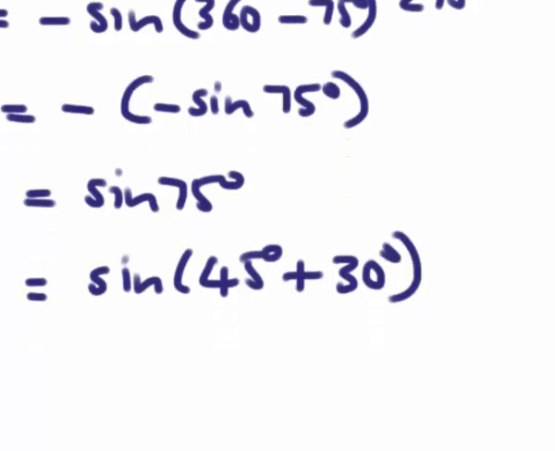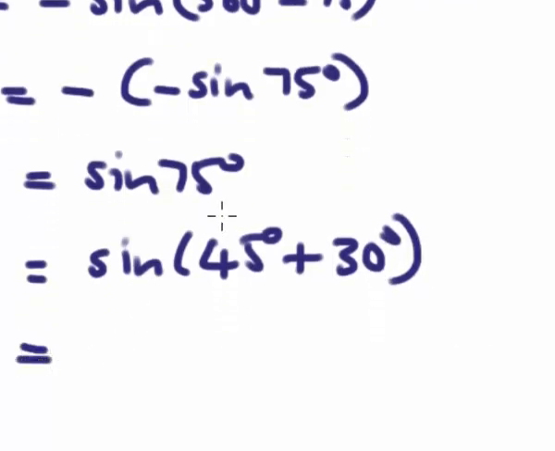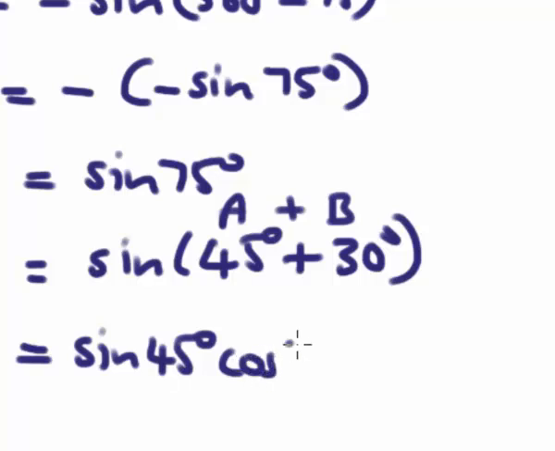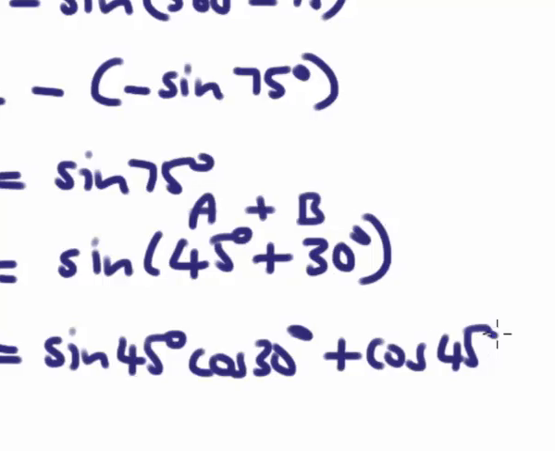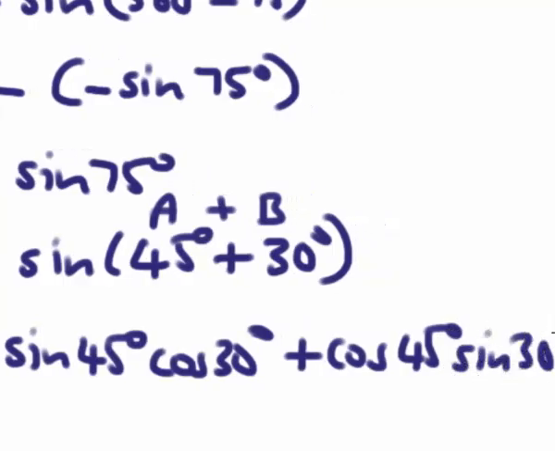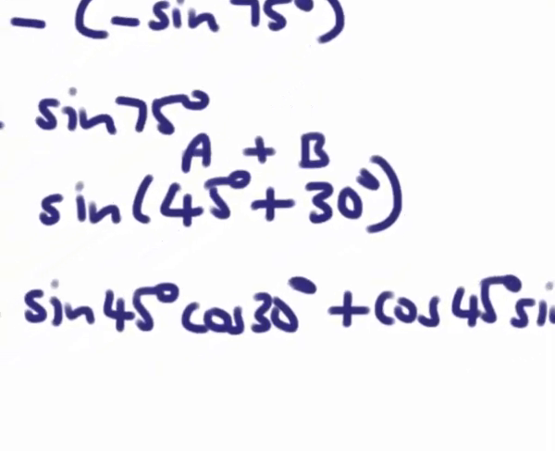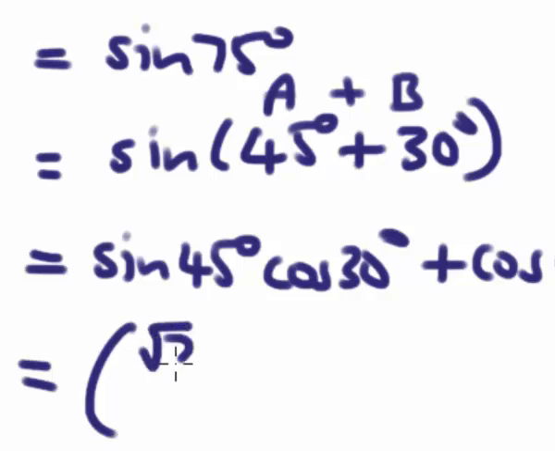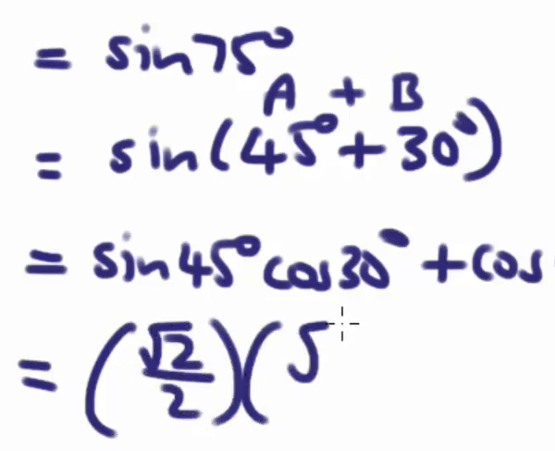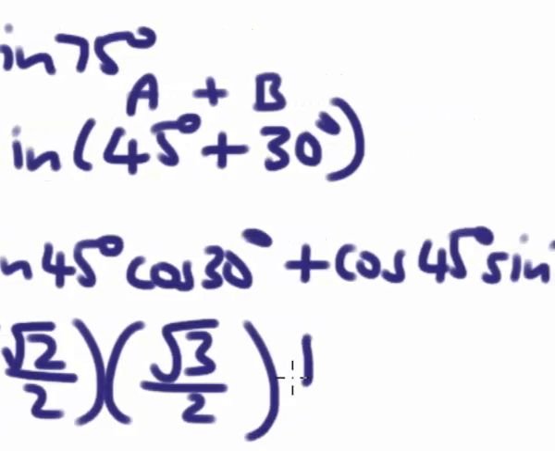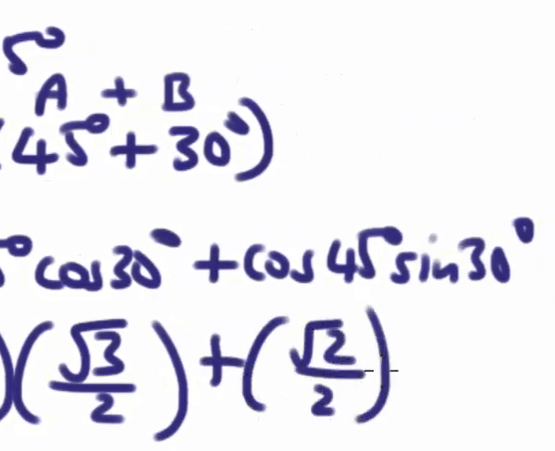If we apply the rule, sine(A plus B) is sine A cos B plus cos A sine B. Then we simply work out the special angles: root 2 over 2 for sine 45, cos 30 root 3 over 2, cos 45 root 2 over 2, and sine 30 is a half.